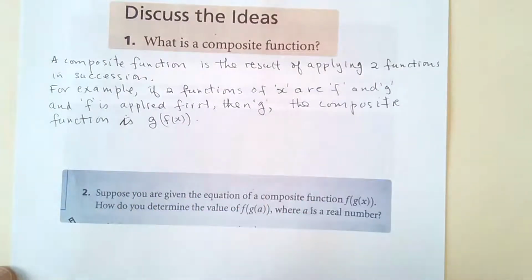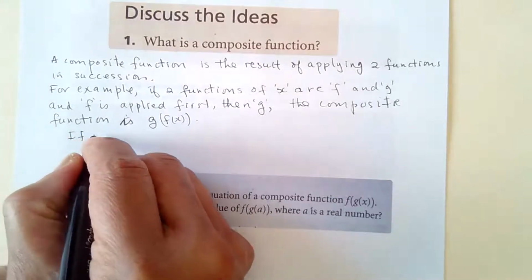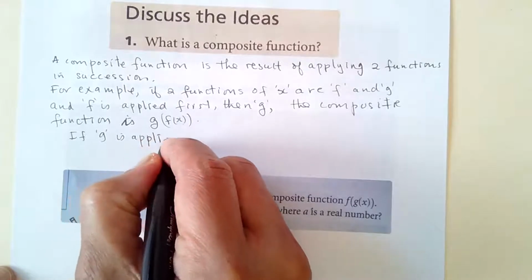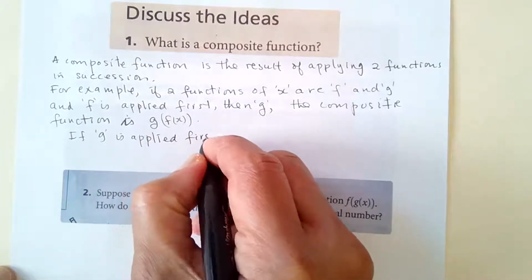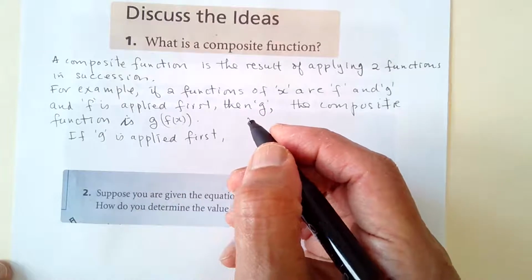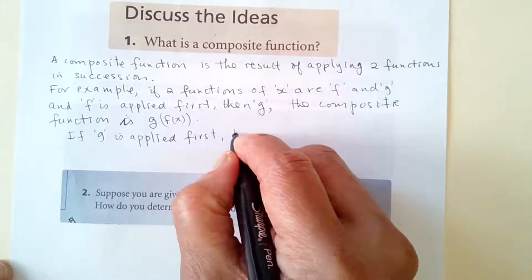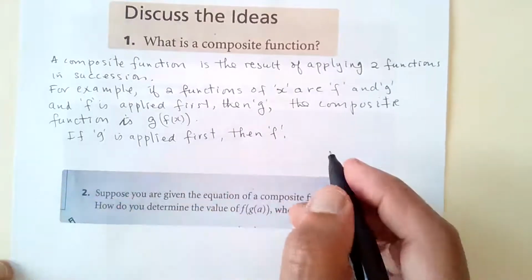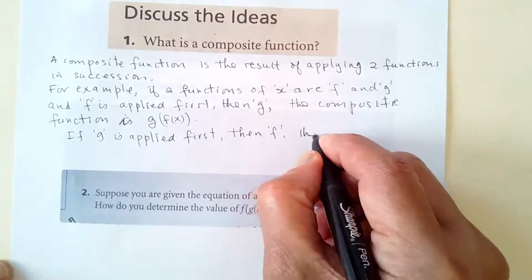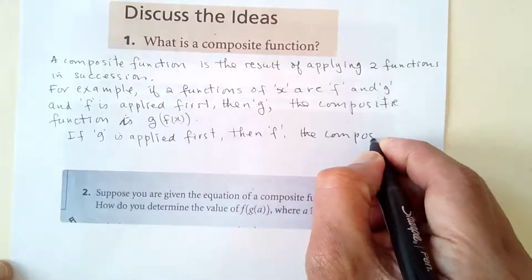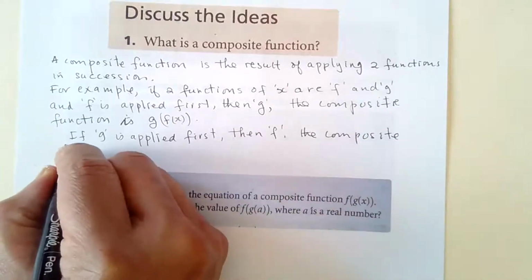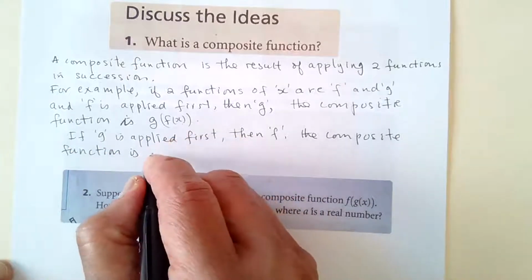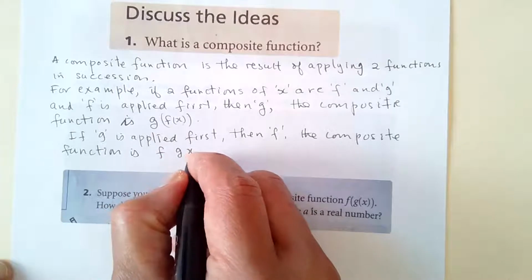So now, on the other hand, if g is applied first, then f, so apply g first, then f, the composite function is f of g of x.